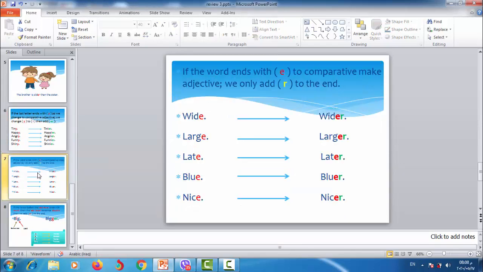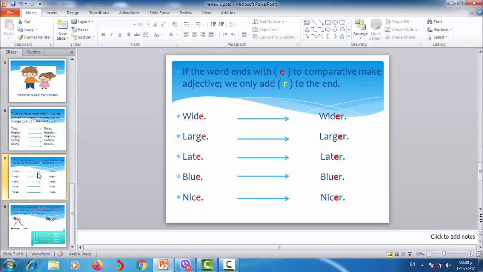Another point is if the word ends with E, or let's say if the adjective ends with E, and to change this adjective to comparative adjective we have to only add R to the end.